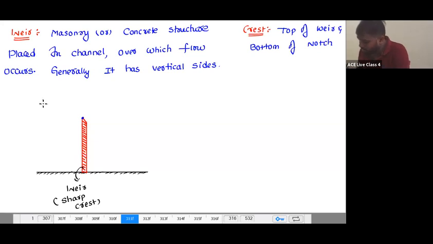Now if this is the water level, and on the top there is a crest gate, once I open this, how is the flow going to happen? The flow is going to fall like this. And this sheet of water, I told you already, is known as a nappe. Yes or no?